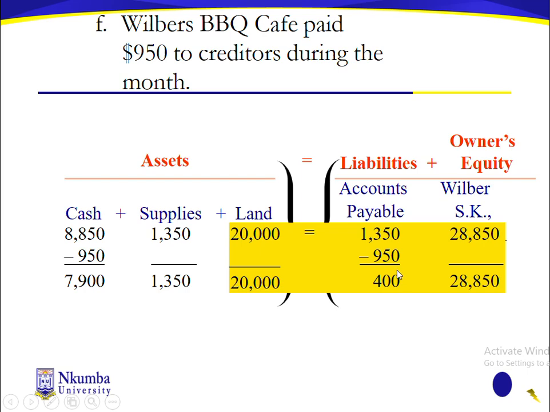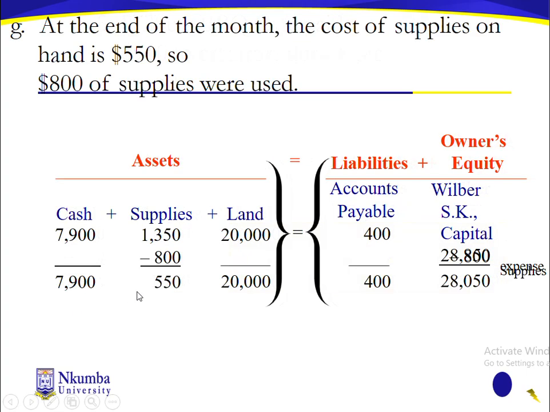The creditor's balance. So credit cash, debit the accounts payable account. We see that wherever we debit the accounts payable account, the other account reduces and goes down. And wherever we credit, we reduce cash, that cash also reduces and goes down.